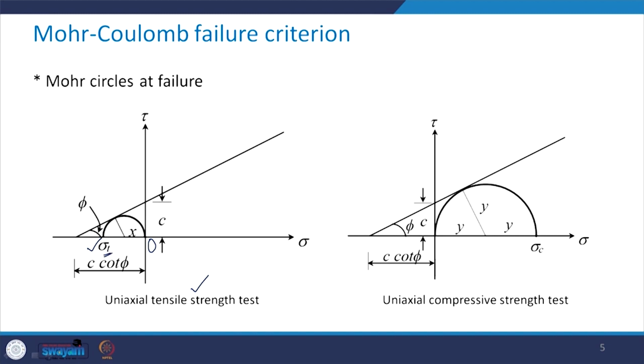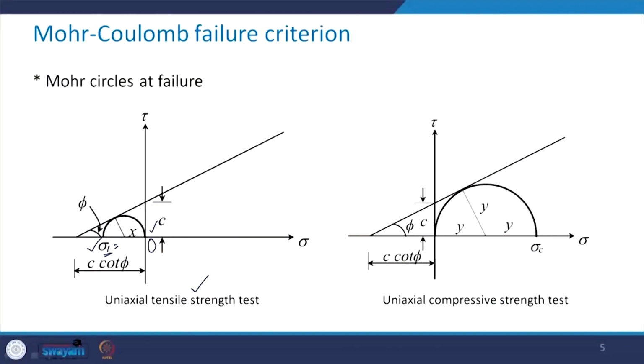So, it is negative, and that is the reason that we wrote that sigma 1 will be equal to 0 and sigma 3 is going to be equal to minus sigma t, because you know that by definition sigma 1 is the representative of the major principal stress and sigma 3 is the representation for the minor principal stress.